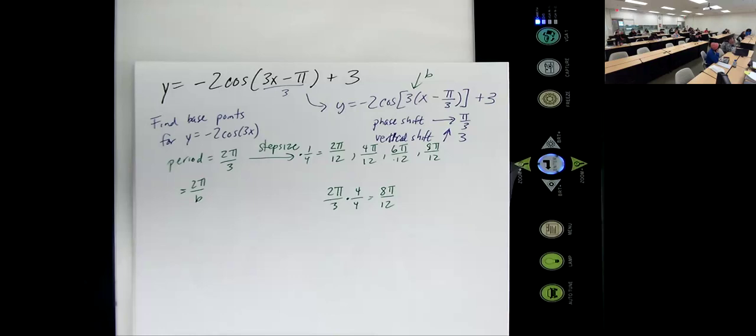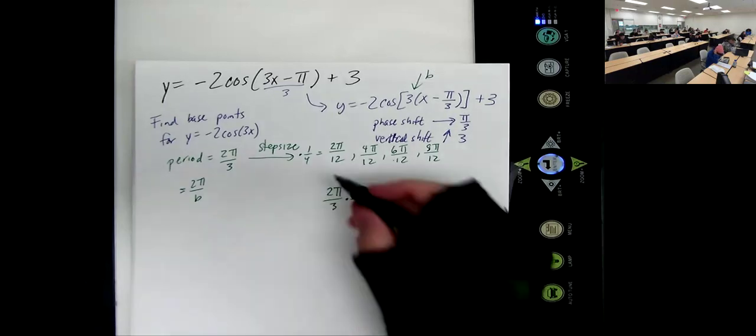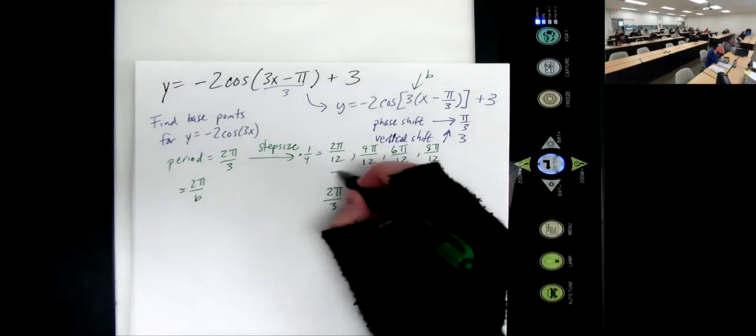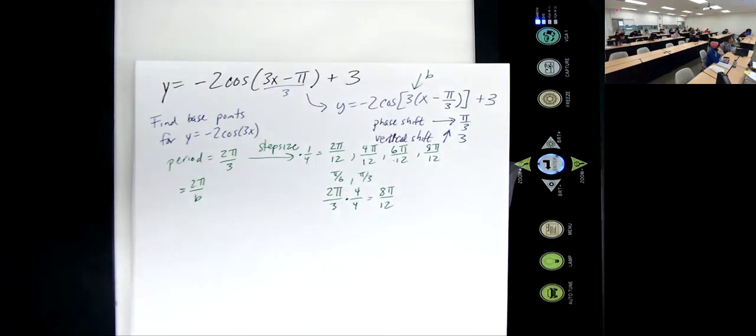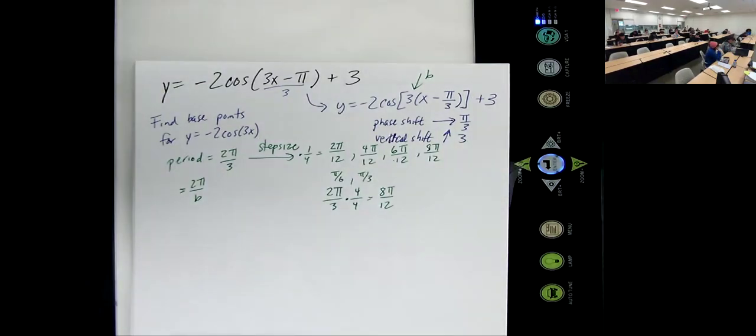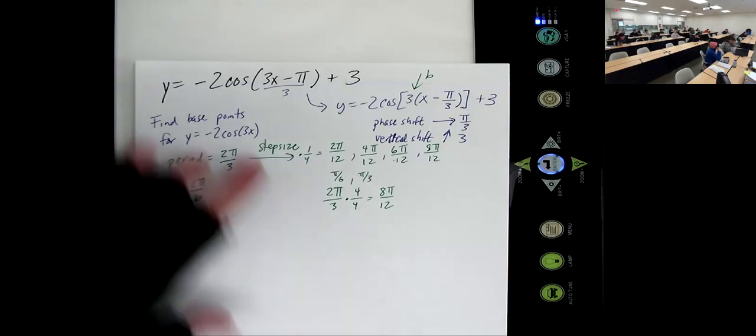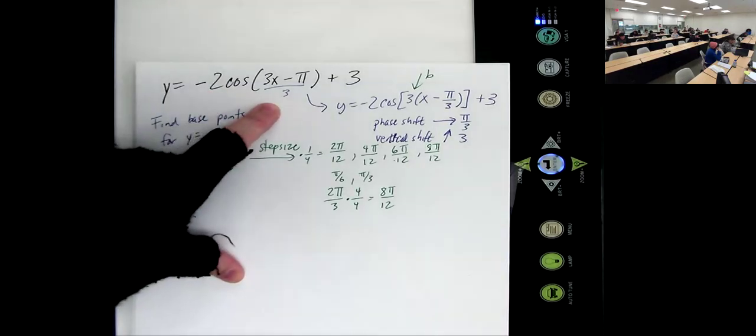If I simplify, what do I get? I would get pi over 6. This is pi over 3. And now this gets kind of ugly, because I'm having different denominators if I simplify. I also need to phase shift pi over 3.